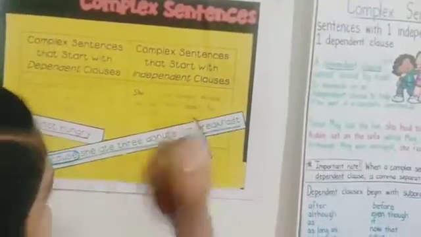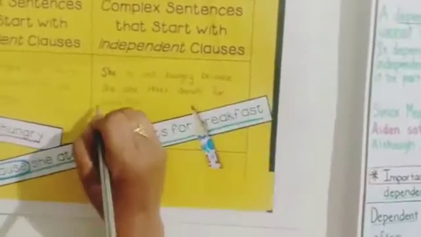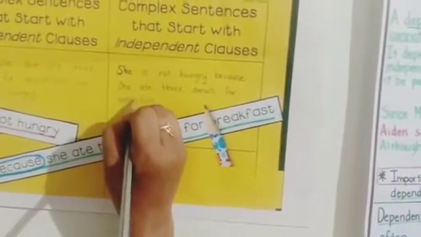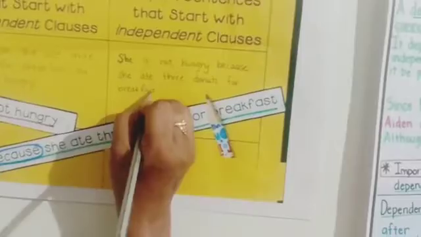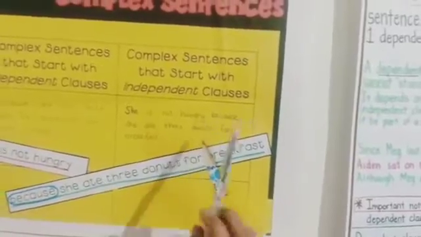Okay, so because she ate 3 donuts. Donuts means a type of sweet. Okay, you can buy it from the bakery. Donuts for breakfast. Okay, so here I started with a complete meaningful sentence at the beginning. That means independent clause.